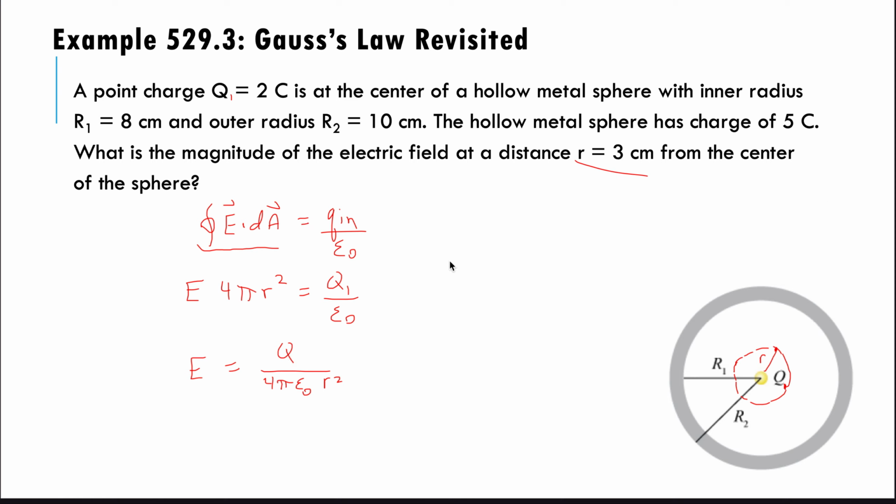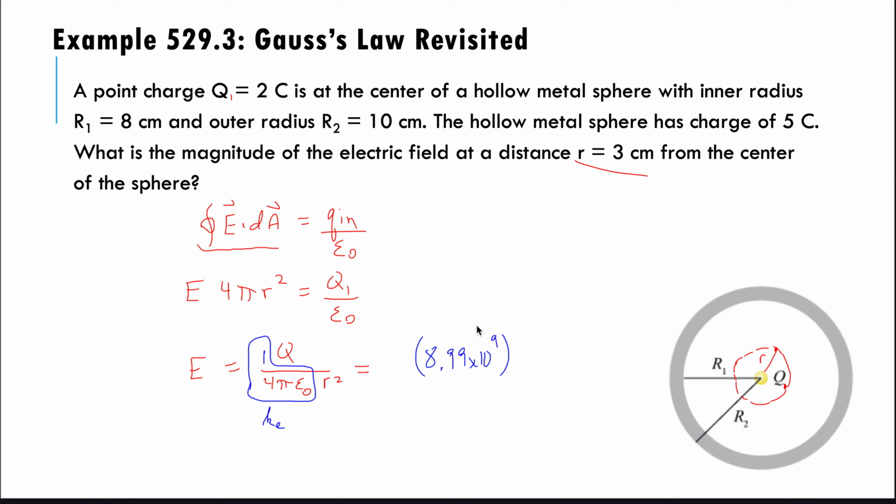So we just need to go ahead and plug in our values. We're going to plug in 2. And then for 1 over 4 pi epsilon naught, I just usually write the Coulomb's constant. So this whole blue part here is equal to KE. So that's going to be 8.99 times 10 to the 9.